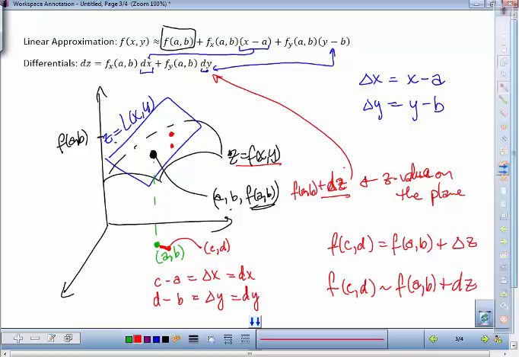All right, so what Harrison said. This is the value of the function, and this is the value of the plane.